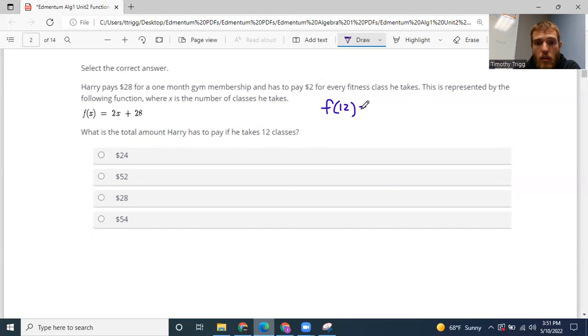Again, X is the number of classes he takes, right? So if we're saying he takes 12 classes, that's an X value of 12. In other words, an input of 12. So replace the X with 12. And let's go ahead and solve what the output would be. So this is 24 plus 28, 52.